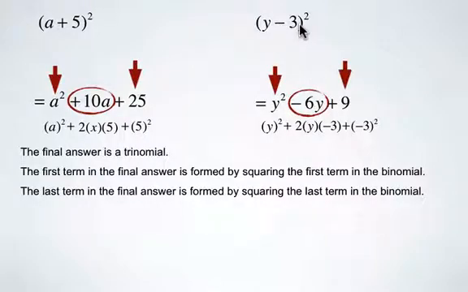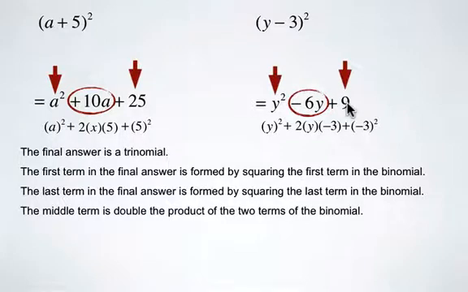So the last term here is negative 3. It becomes 9. We've squared negative 3. The middle term is double the product of the two terms of the binomial. So we take y times negative 3, which is negative 3y, times 2, which is negative 6y.